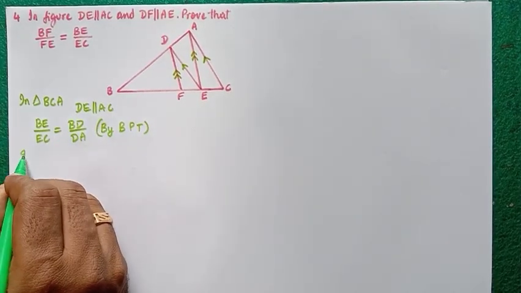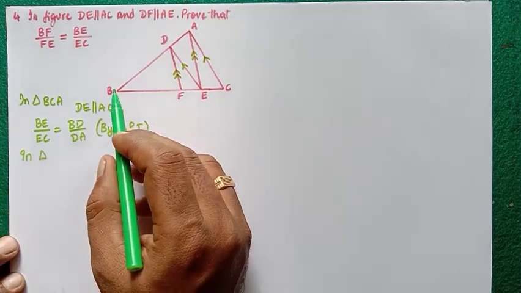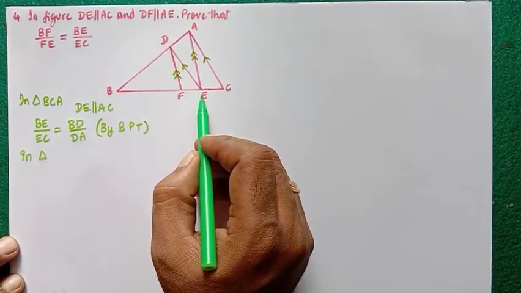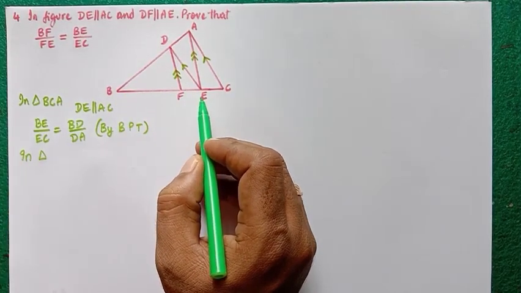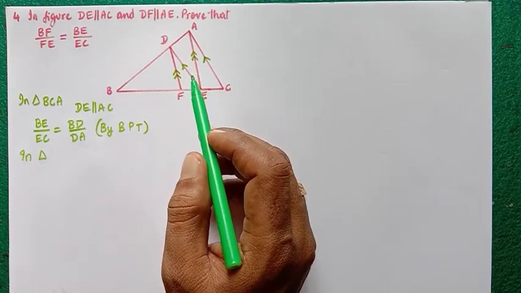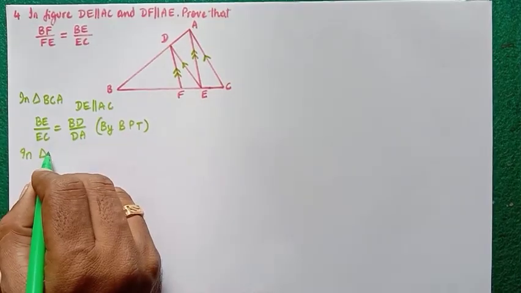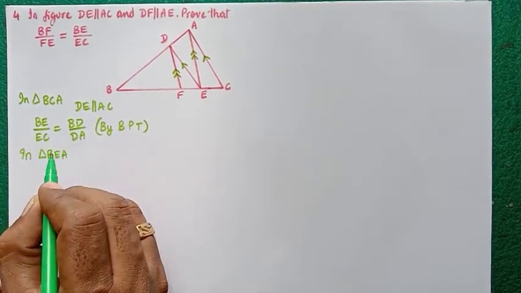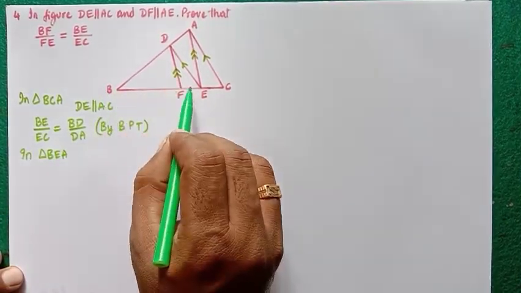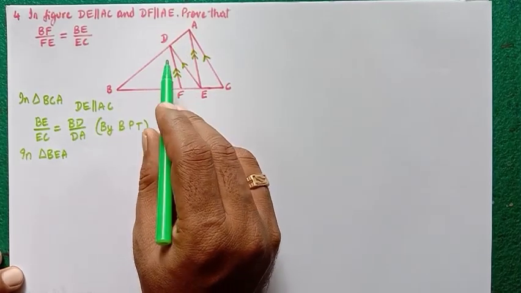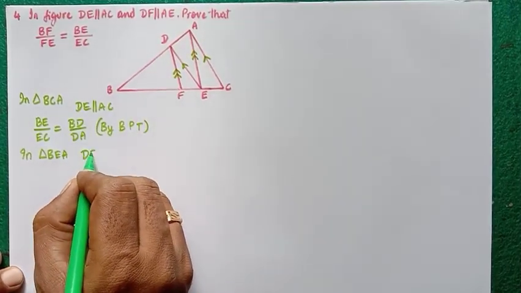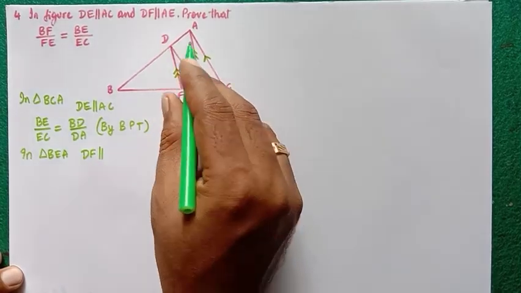In the next case, in triangle BEA, here DF is parallel to EA.